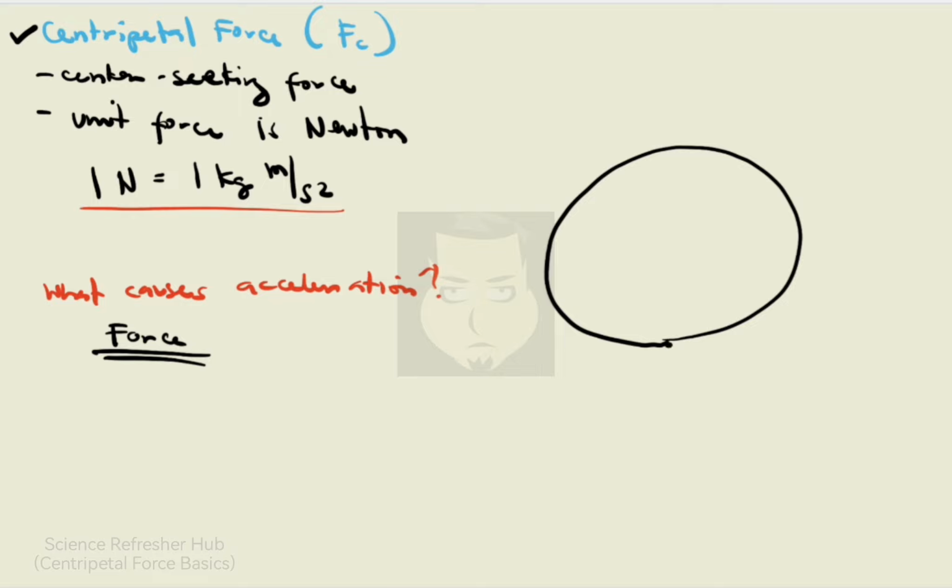It doesn't look like a perfect circle, but the object will move in that direction. If this is the object, it will move counterclockwise because of the centripetal force pointing towards the center. Okay, if ever this will be our center here.